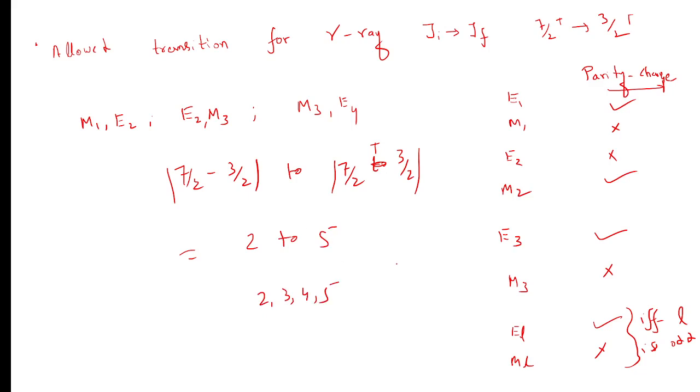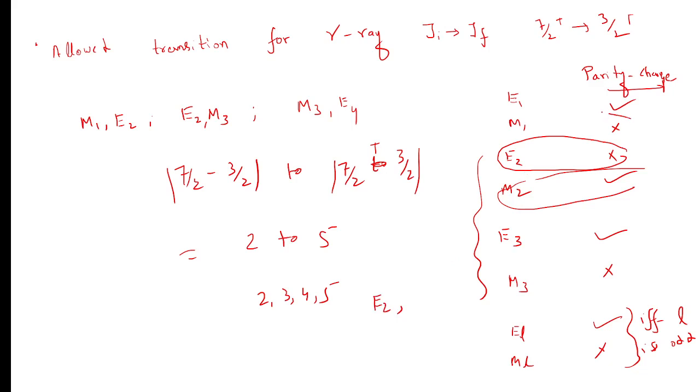What are the options? Parity has changed. M2 should be correct. No, sorry, parity hasn't changed. So E2 should be correct. And M1 should be correct. As parity, so yeah, this should be correct.